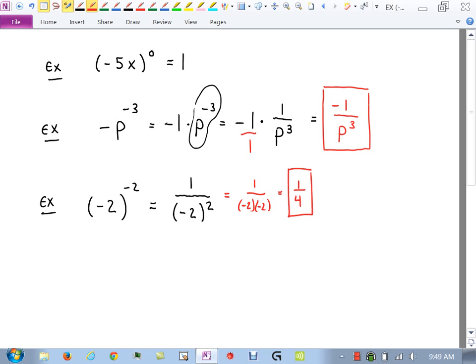Okay. Let me see if you're ready for this or not. How about 5x squared y to the negative 3, all to the negative 3?